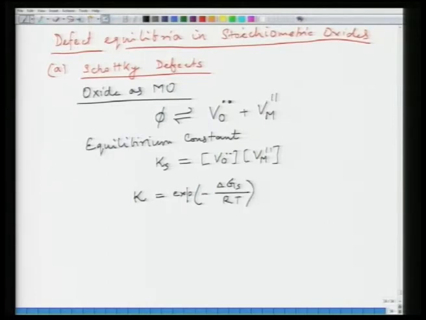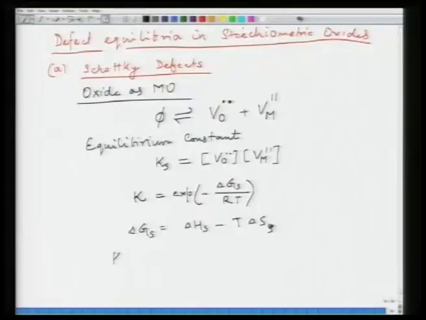Okay, just from the previous slide, we know that there is a temperature dependence of K. So, we have written K in the form of energy change, and delta Gs was equal to delta Hs minus T delta Ss, where delta Hs is the enthalpy change for Schottky defect formation and delta Ss is the entropy change, which is mainly a vibrational entropy change.